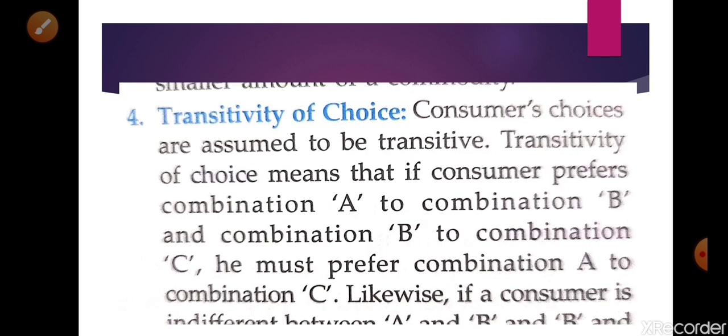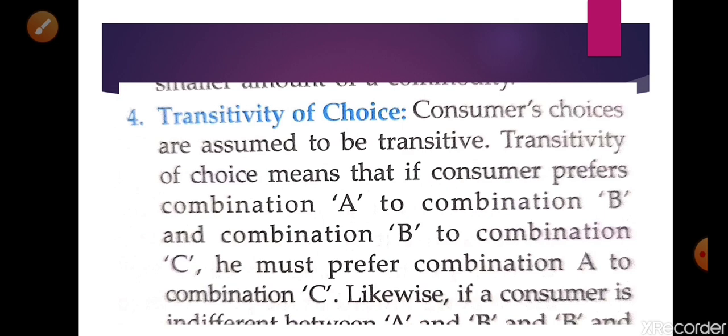Next is transitivity of choice, meaning the consumer changes his choice after every satisfaction level. If the consumer has one combination, he will not repeat the same, he will go for the next combination. For example, oranges and mangoes: once he has gone for a definite number of oranges, then he will change the number of mangoes.